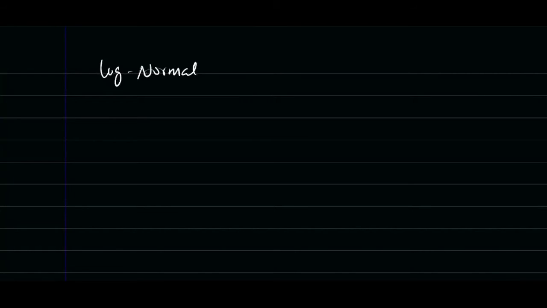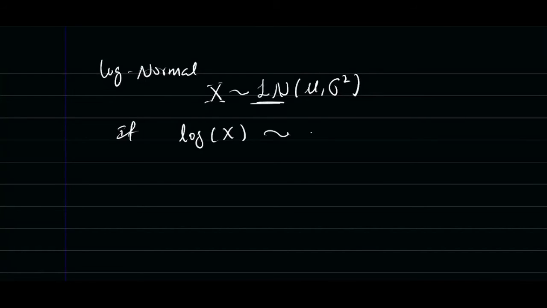When we say a random variable X is log normally distributed with these parameters, it means that the logarithm of this X is normally distributed with mean mu and variance sigma square.